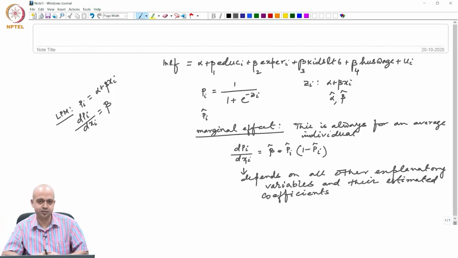Please try to understand what I am saying. In this context, when I use the mfx command to get the marginal effect, it is calculated for the average individual. That means the representative married woman whose education, experience, number of kids and husband's wage are all fixed at the sample average.